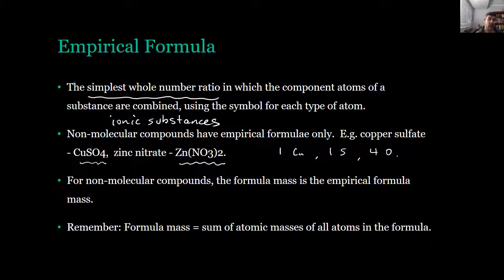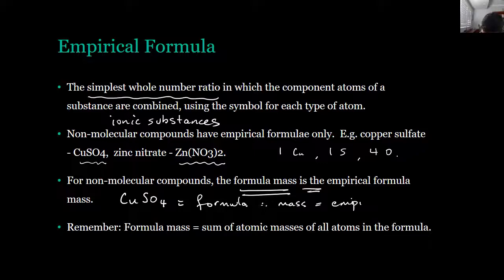For non-molecular compounds, the formula mass is the empirical formula mass. So as I said before, if the formula for copper sulfate is CuSO4, then this formula mass is the same as the empirical formula mass.